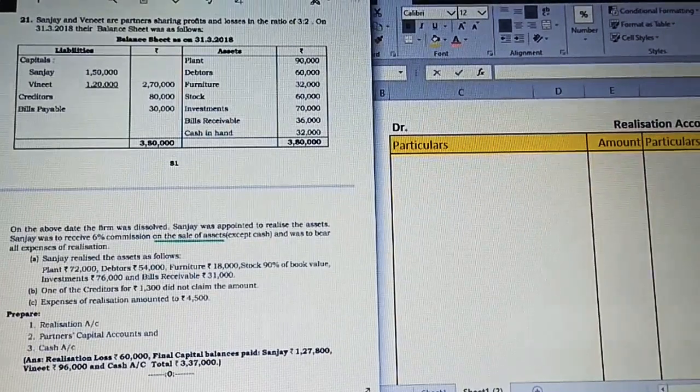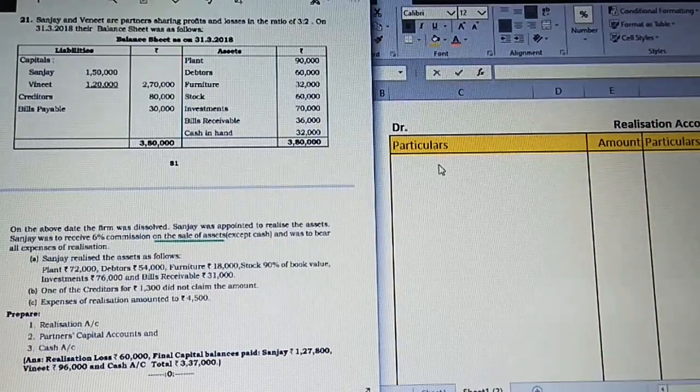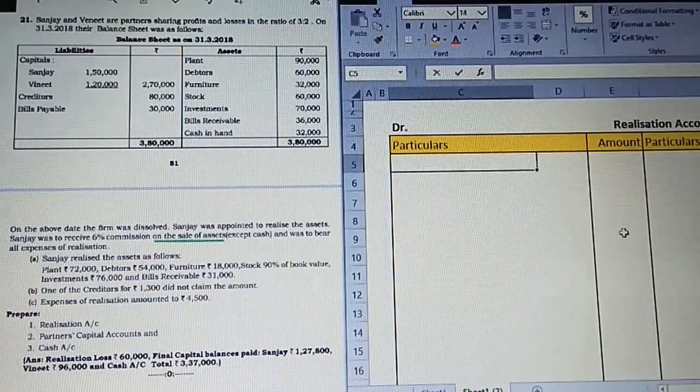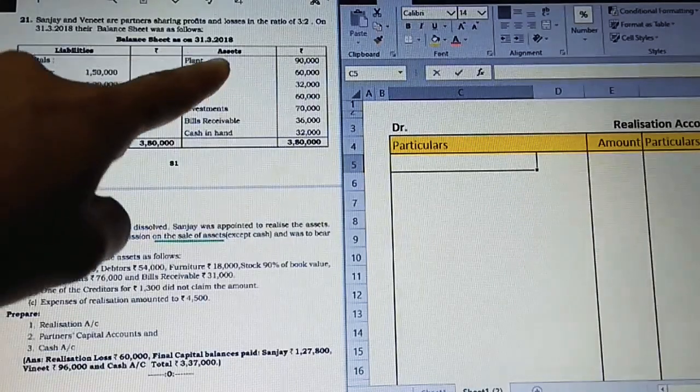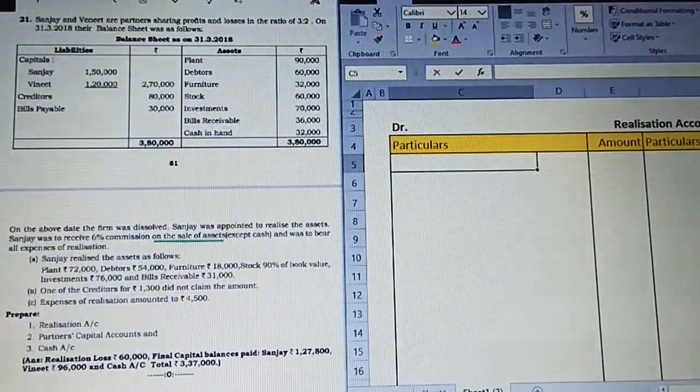Okay, now let's come to the realization account, on the debit side first. What is the first step we do? We are supposed to post the assets on the debit side, which are given on the credit side. So let us just do it.